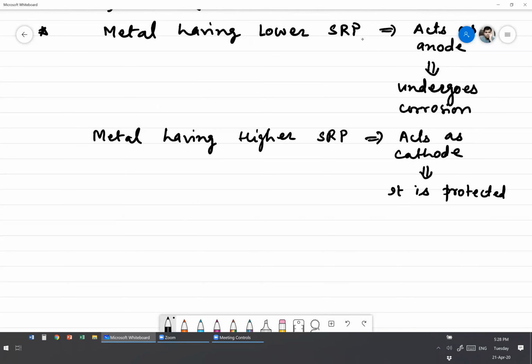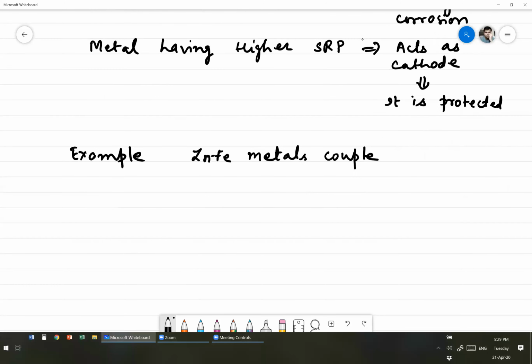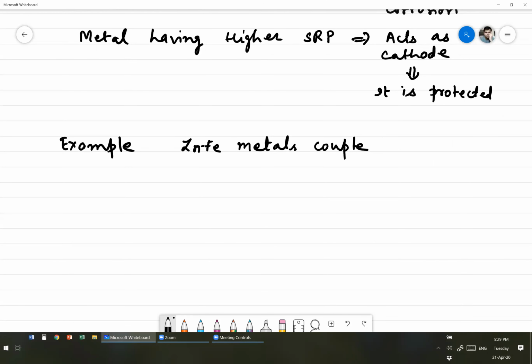Okay, so let's take the example of the zinc-iron metal couple. When these two metals, zinc metal and iron metal, are in contact with each other and exposed to moisture, what will happen?